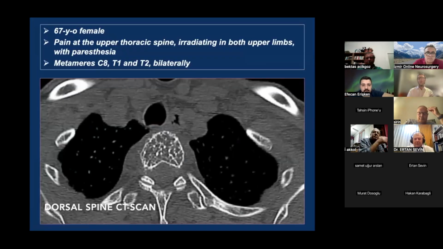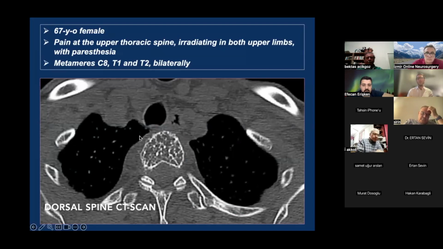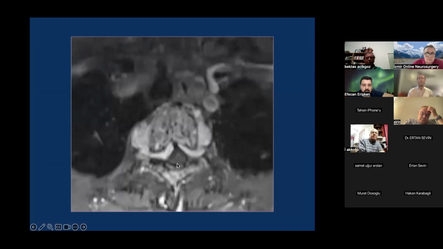So let's see a complex case of aggressive hemangioma of the T2 vertebra. So it's a 67-year-old female. She presented with pain in the upper thoracic spine, irradiating in both upper limbs with paresthesia. So you can see on CT the typical aspect of vertebral hemangioma.